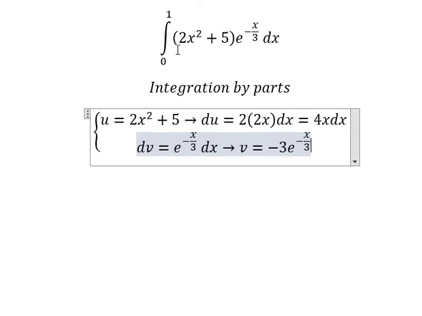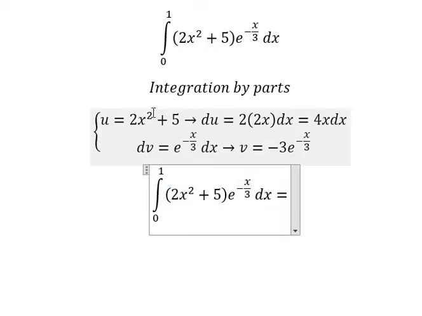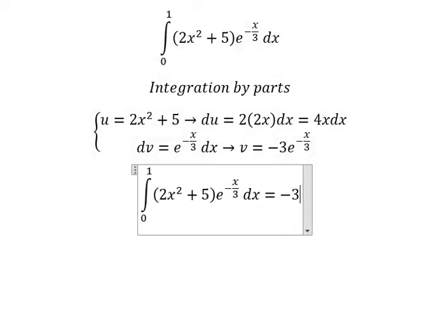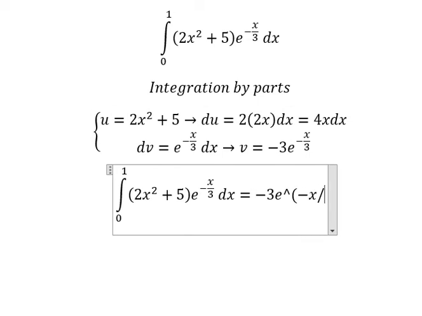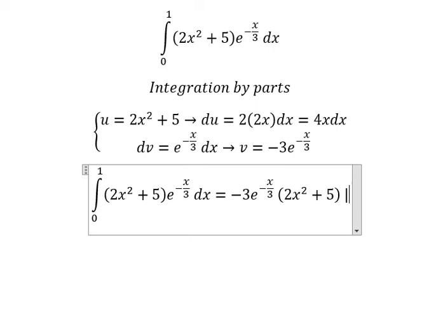over 3. So we have u multiplied by v, and we put the bounds from 0 to 1.